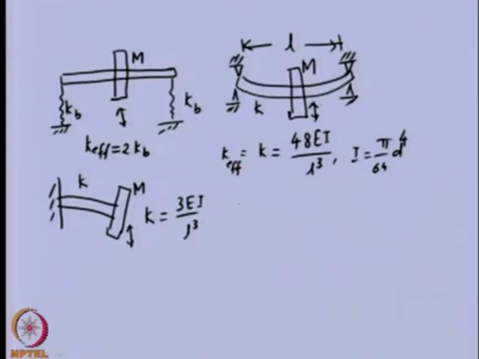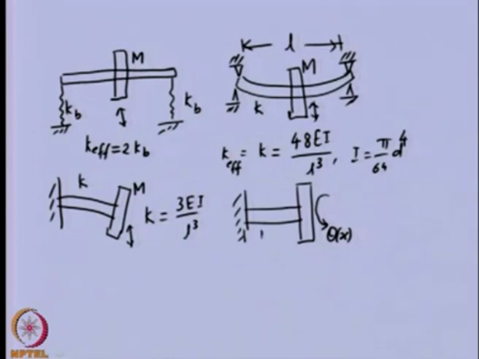Another case we can have is a cantilever shaft with a disc, where we analyze the torsional oscillation, that means twisting of the disc about its own axis.